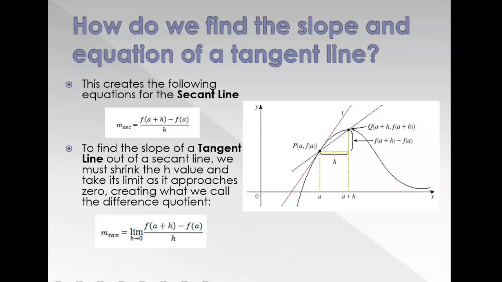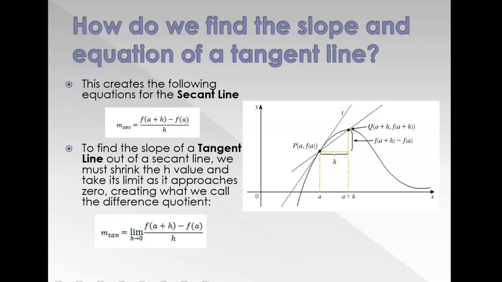So in here, we will always calculate our secant lines using the slope formula we know today, which is f of a plus h minus f of a all over h. That creates the slope of a secant line.